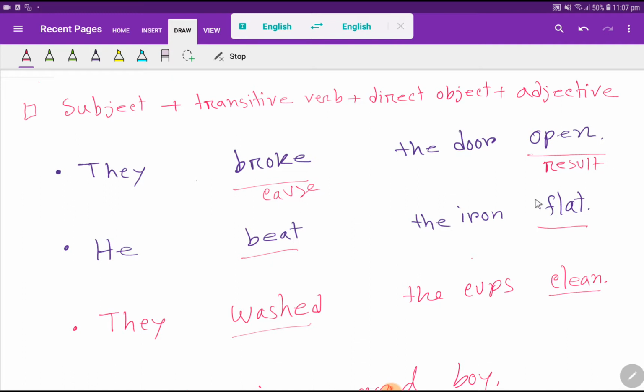Beat, the result is flat. Washed, the result is clean. That is, in this case the transitive verb will denote cause and the adjective will denote result. I think you have understood what I want to say to you. Result, right?